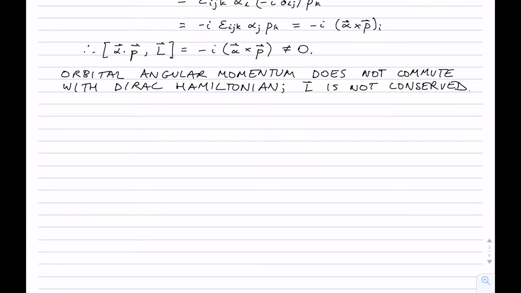Okay, what about spin? We came up with an operator for spin already before. S equals 1/2 of sigma, where sigma, and again, remember this is a 4x4 matrix being written as a 2x2 matrix.